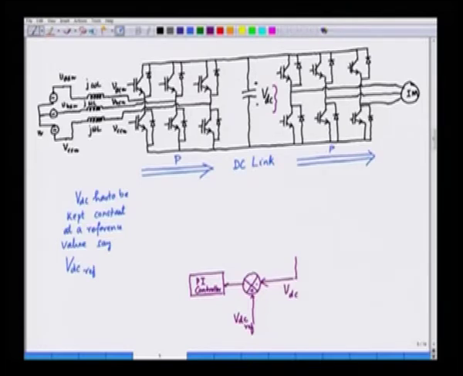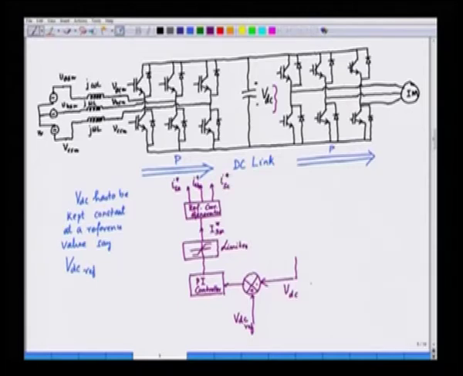So, in this case we will have a limiter here to limit the value of the current, and what we obtain is the reference current amplitude ISM, and that is converted to the reference current by a reference generator into the three references, and the references are ISA, ISB and ISC.